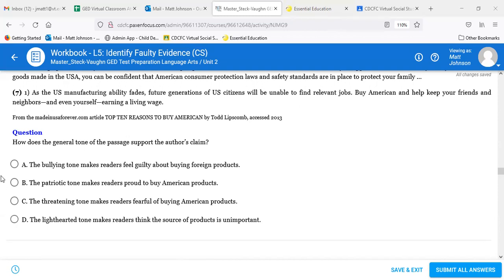It's B. B as in boy, the patriotic tone. So he's largely pointing out how buying those products strengthens America, either by making sure that we can continue to be independent of foreign countries and supplying jobs.